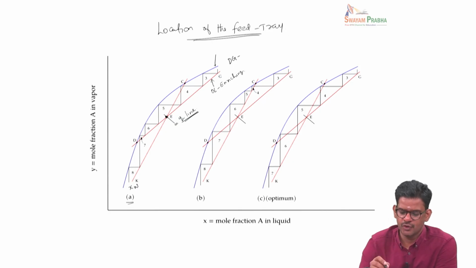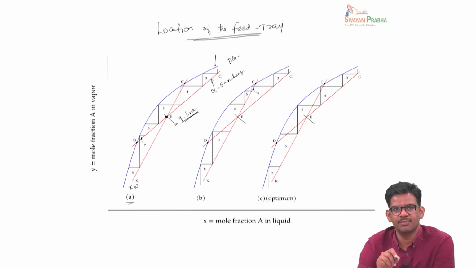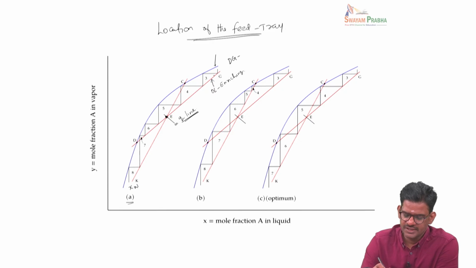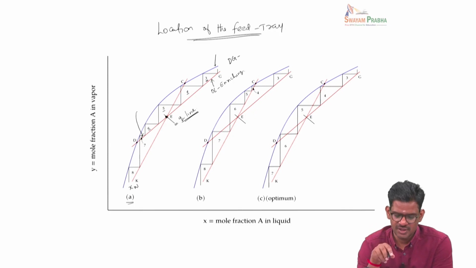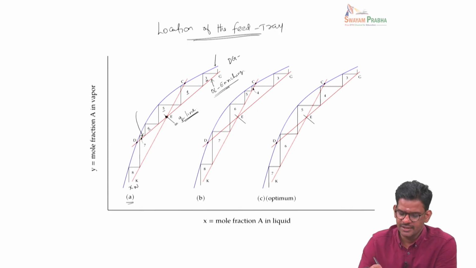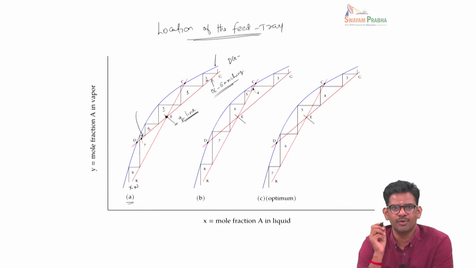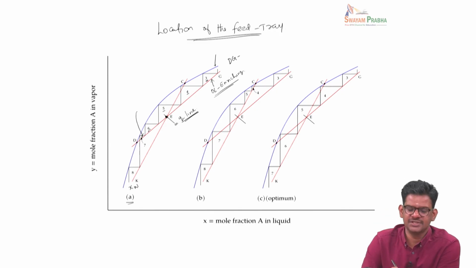Now in this particular situation, one can draw the staircase diagram to find the number of trays. So you can see here this is third tray, fourth tray, fifth tray, sixth tray, and then when we come to the seventh tray here, suppose the feed is introduced here, we can use this enriching operating line to calculate the number of trays up to the sixth tray. From the seventh tray onwards, we have to make a transition from the enriching line to the exhausting line.